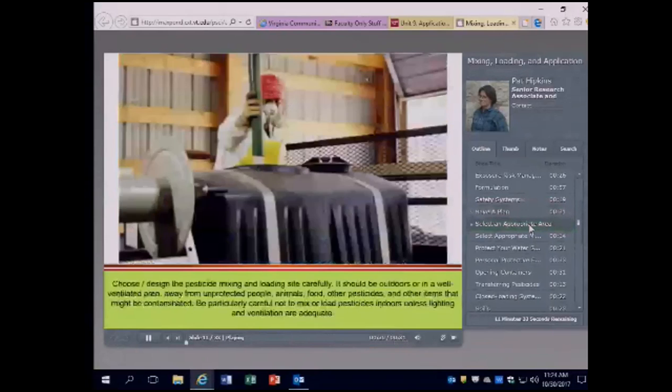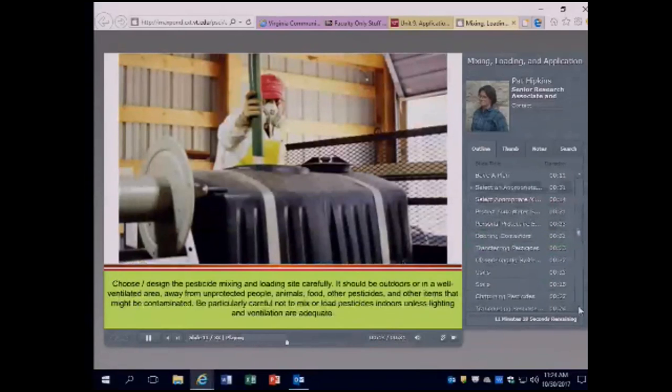We could devote a whole program to choosing and designing your mixing and loading area, but just to reiterate some of the simple basics, it should be outdoors or somewhere where there's good ventilation, away from people, animals, food and feed, other pesticides, and anything else that you should worry about contaminating. It should not be located near a sensitive area, for example. Be absolutely certain that you have good lighting and good ventilation.